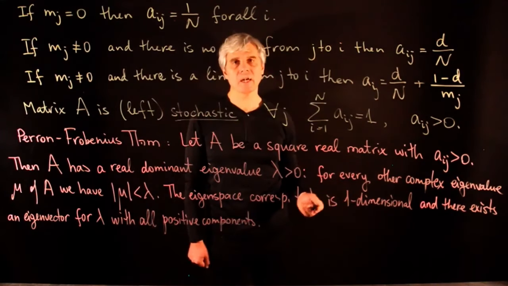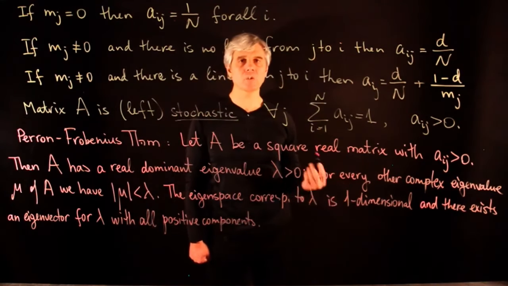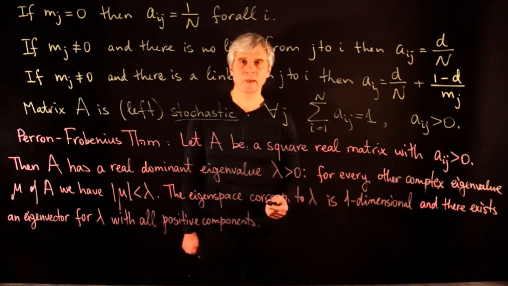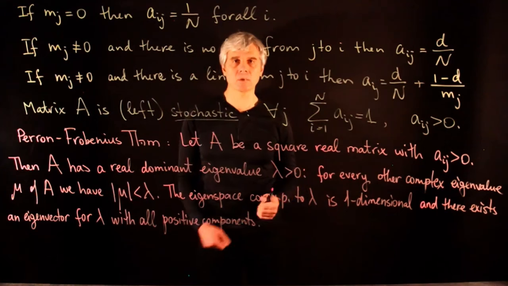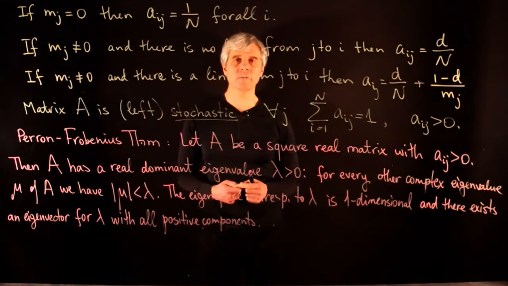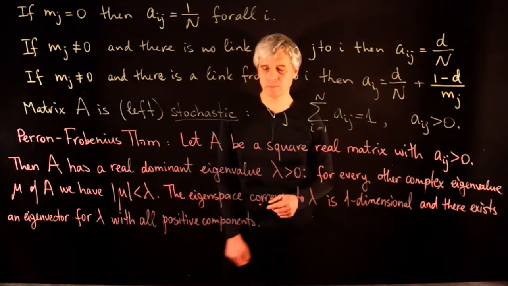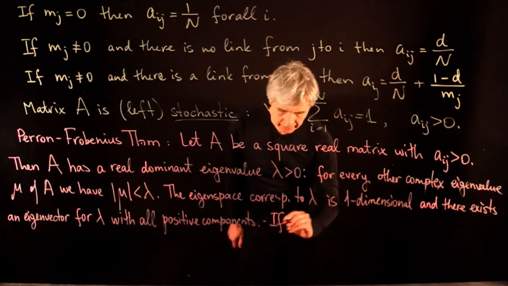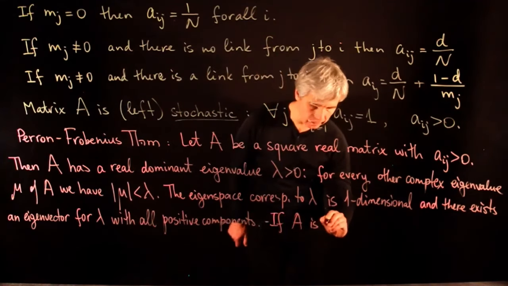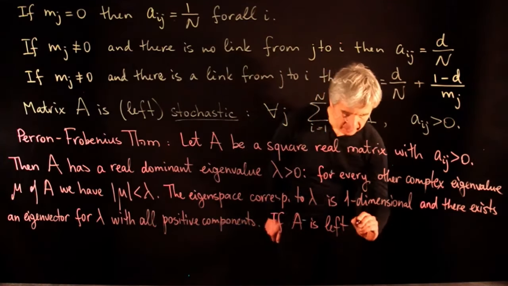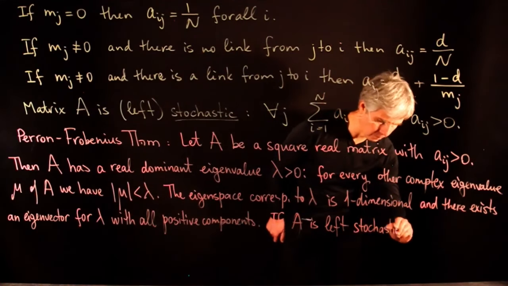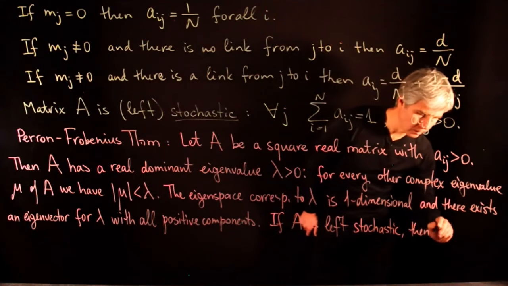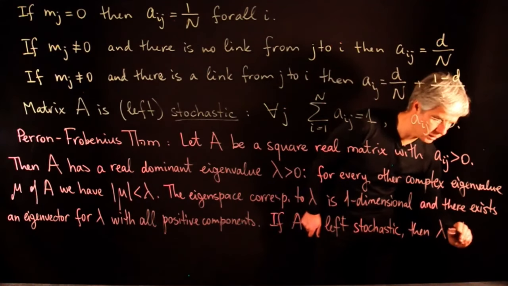Here we are saying that up to a real scalar, there exists a unique dominant eigenvector. And this eigenvector will have all components of the same sign. So that is, we can choose it to have all positive components. If A is left stochastic, then this dominant eigenvalue is equal to 1.